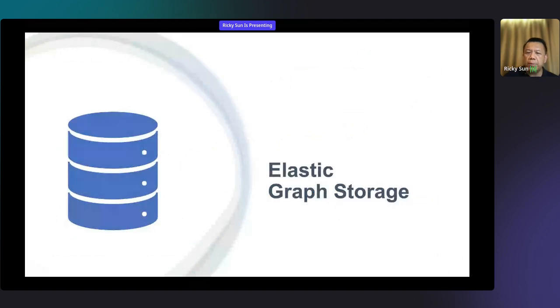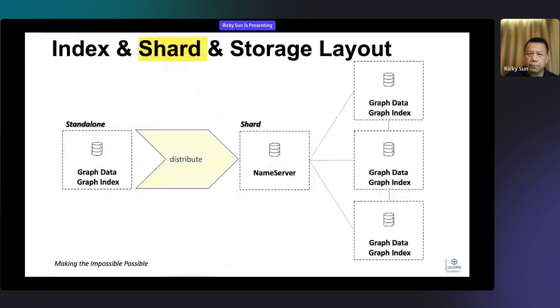So let's talk a little bit about the elastic graph storage. Now, let's assume this is the original setup on the left-hand side. In a standalone setup, you have graph data collocated with graph index.